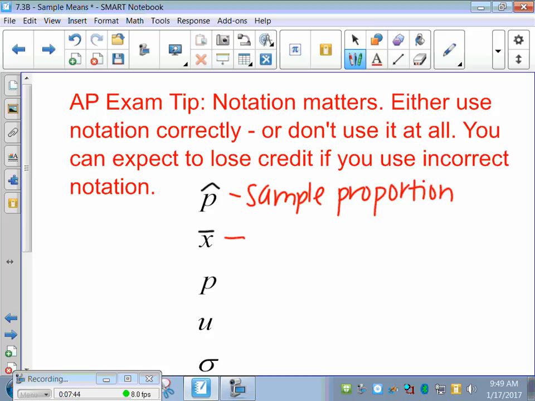What's x bar? The sample mean. You have a whole bunch of little x bars like we just did. Every single person had an x bar for the penny problem.